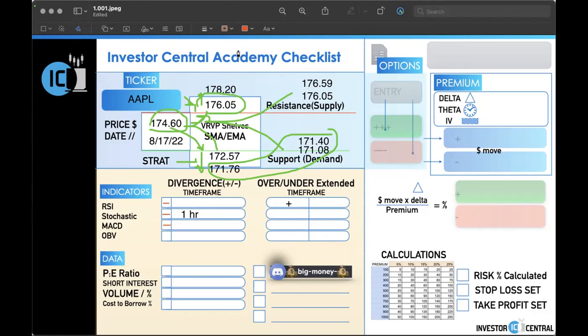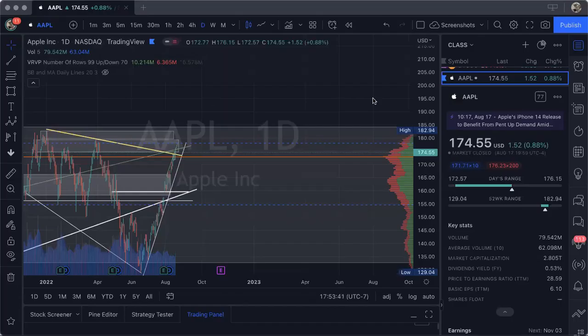Okay. What else? Apple PE ratio. Let's pull some of those up. I'm just going to go back to this so you see. Okay, PE ratio, price to earnings ratio, 28.59.